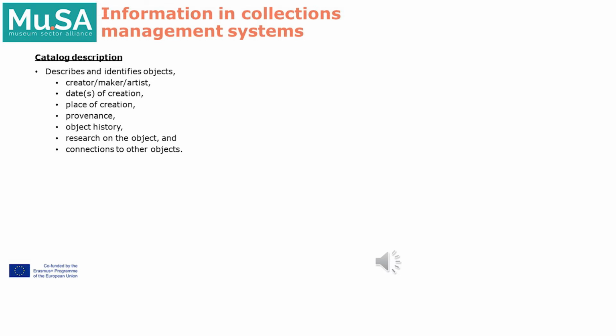Then it's catalog description. It describes and identifies objects, for example, creator or maker or artist, date or dates of creation, place of creation, provenance, object history, research on the object, and connections to other objects.